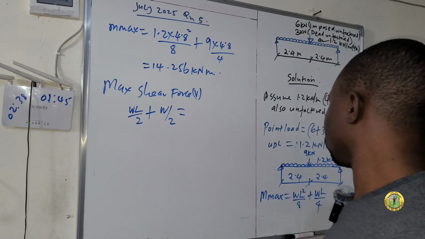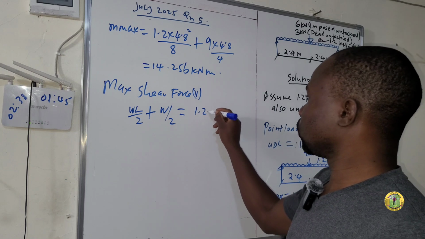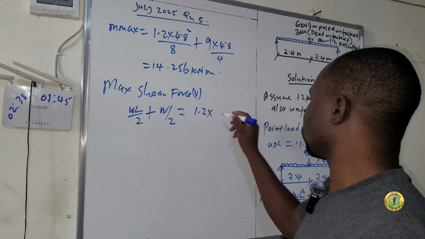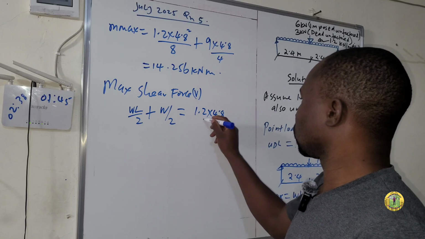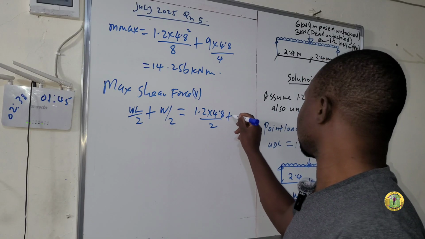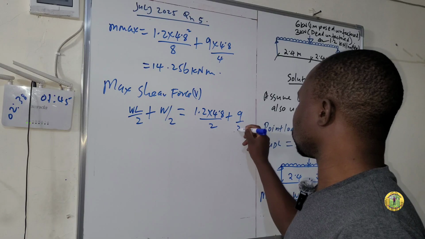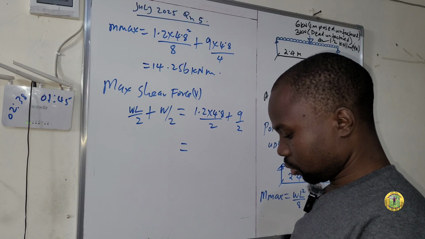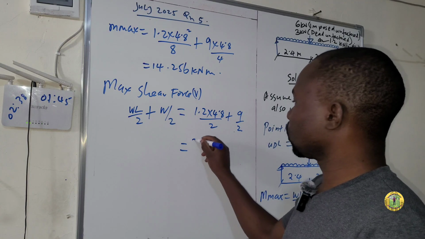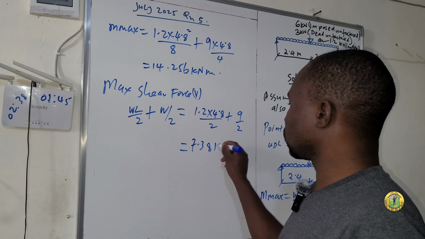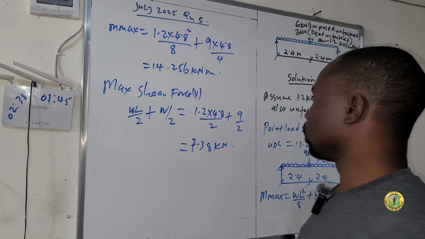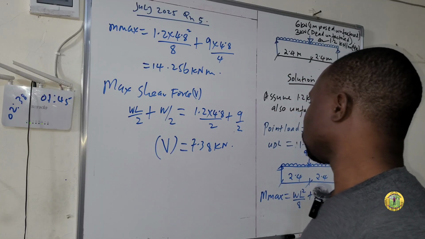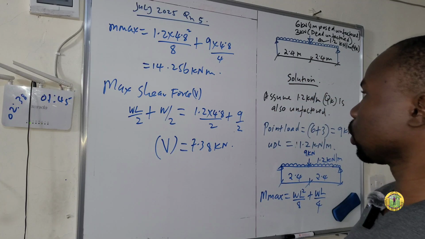So this one is equal to 1.2 times L, 2.4 plus 2.4, 4.8, all over 2 plus 9 all over 2. So this one is equal to 7.38 kilonewton. So this is for V, 7.38 kilonewton.